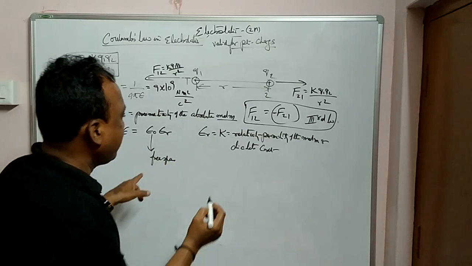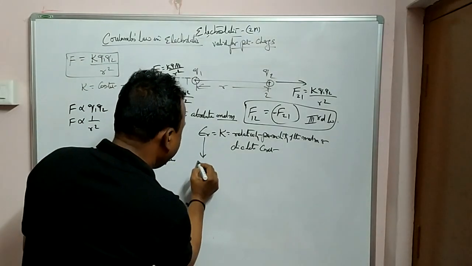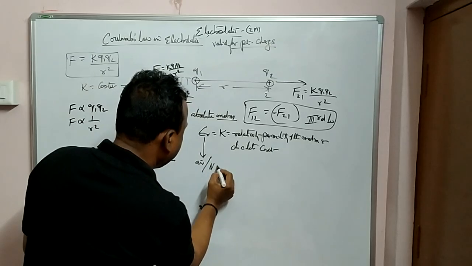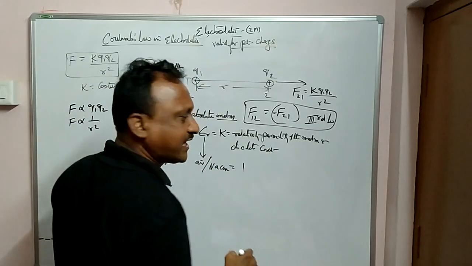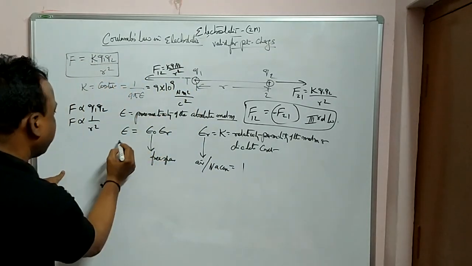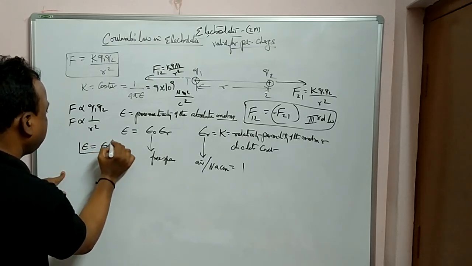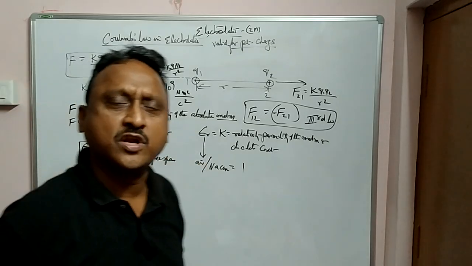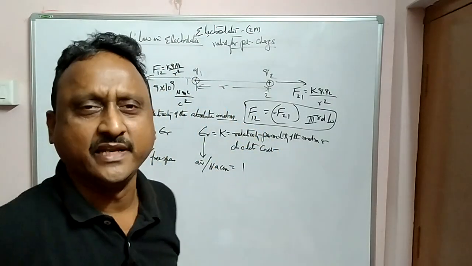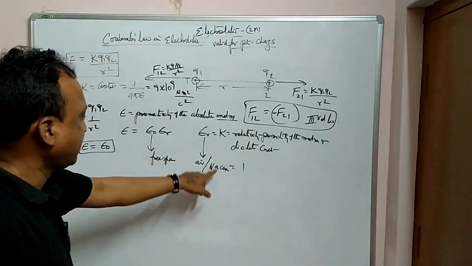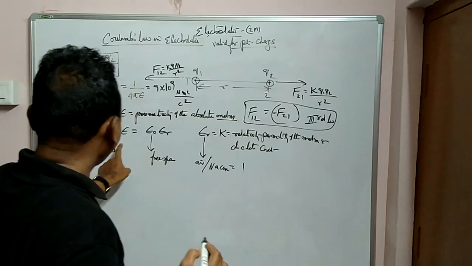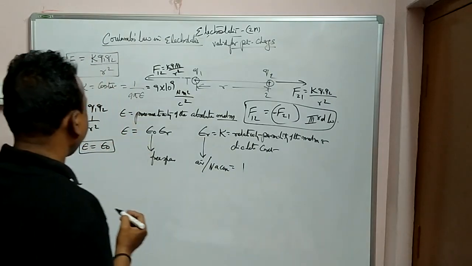In air or vacuum, the relative permittivity, the dielectric constant, is taken as 1. Then epsilon is equal to epsilon naught.